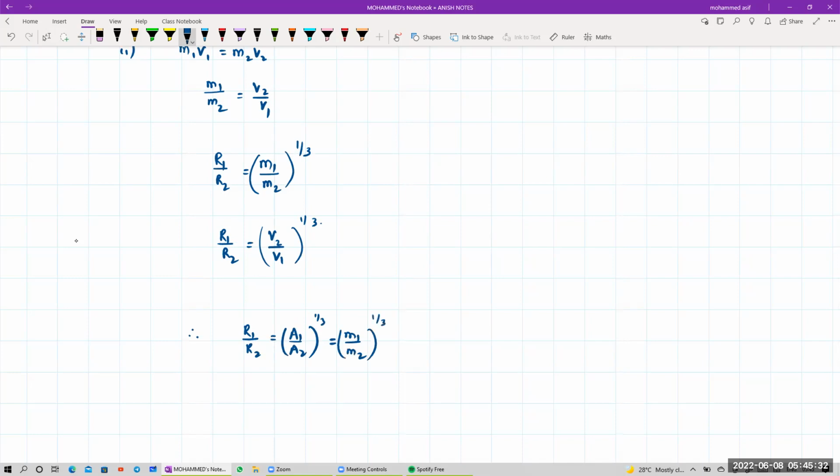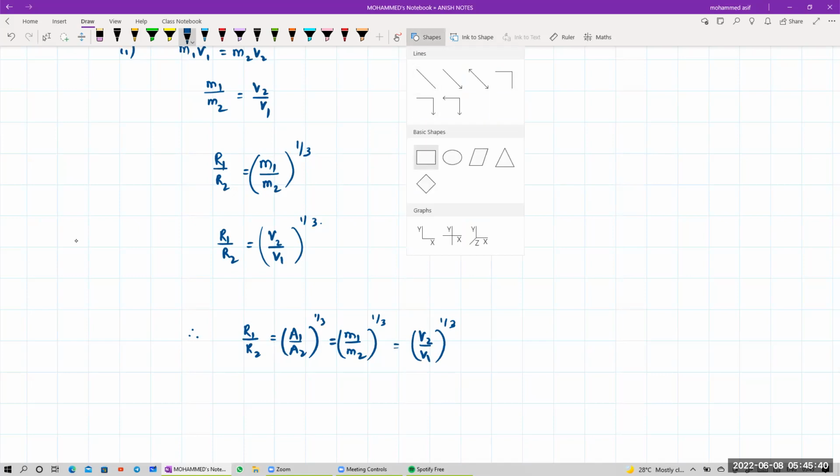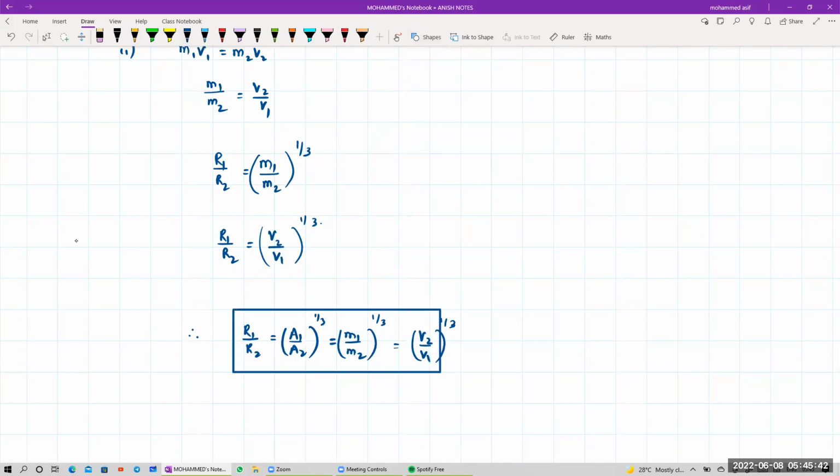Or, since M1 by M2 is V2 by V1, R1 by R2 is also equal to V2 by V1 to the power of 1 by 3. So ultimately I can write it in any of these forms. This is the standard formula you need to remember.